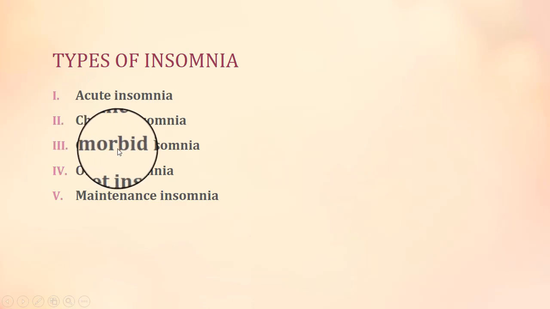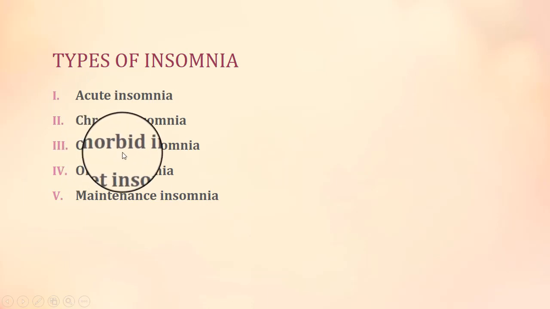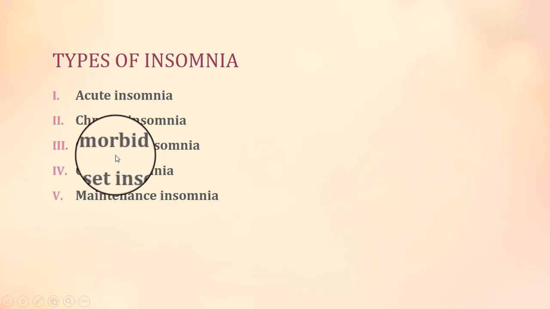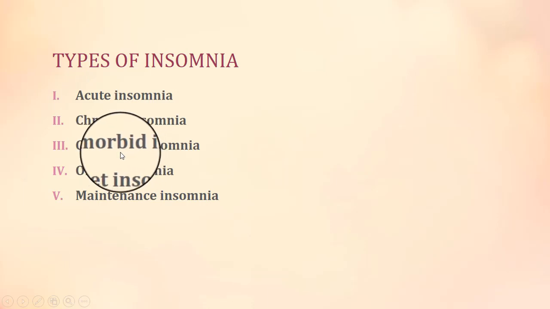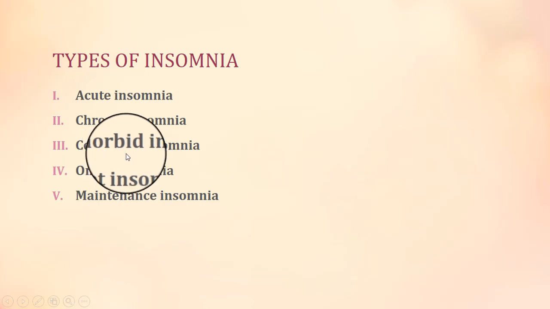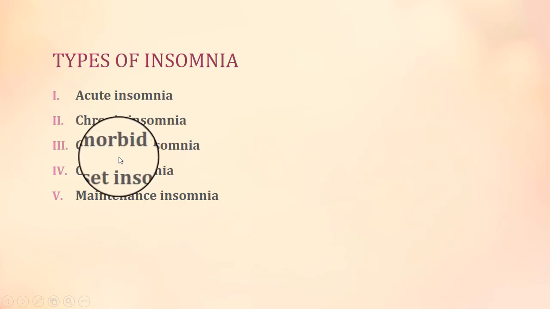Certain medical conditions can either cause insomnia or make a person uncomfortable at night. Let's take the example of an arthritic patient, or back pain, which may make it hard to sleep. So these are examples of comorbid insomnia. This was all about the third type, comorbid insomnia.